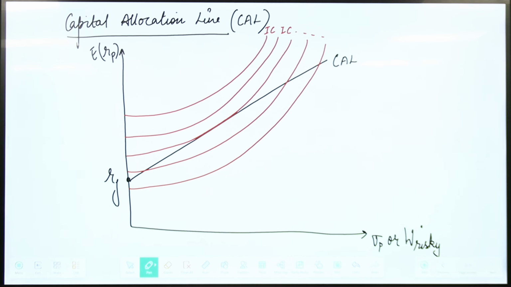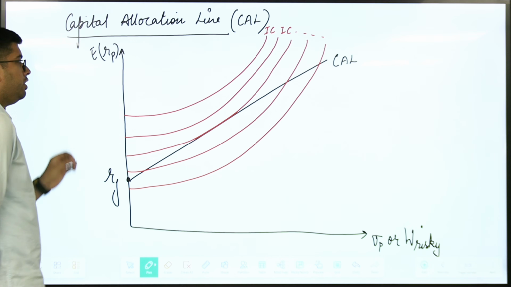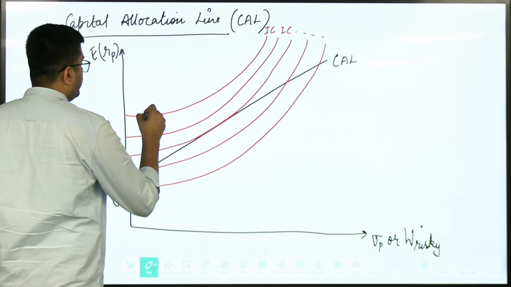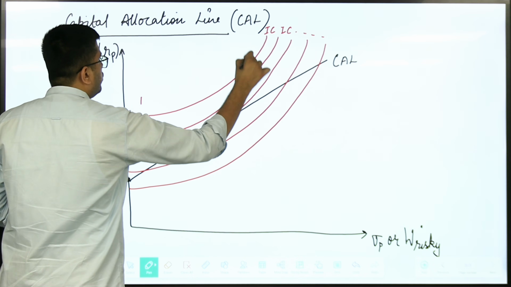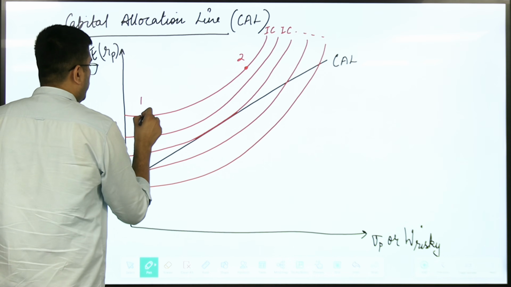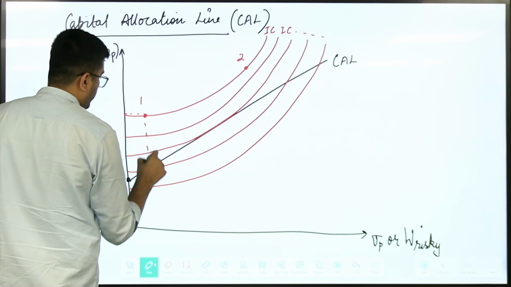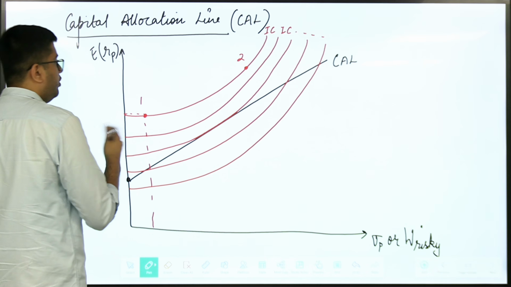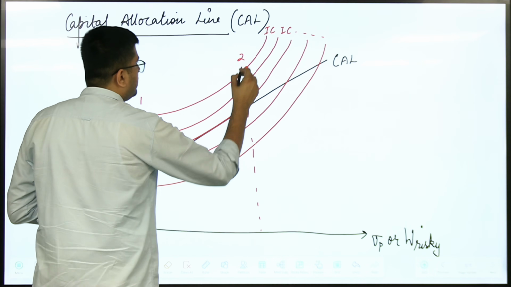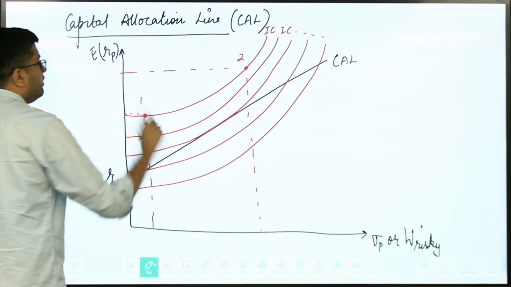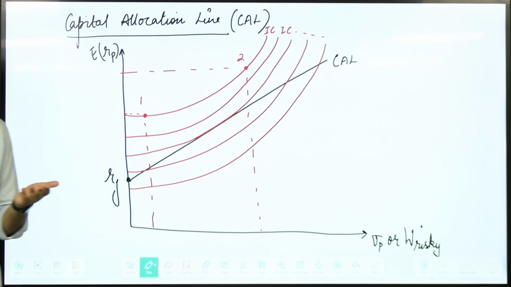The logic of indifference curves is that they represent all the portfolios towards which an investor is indifferent. So if I were to have portfolio 1 and let's say portfolio 2, 1 is giving low risk and low return. 2 is much more risky, but for that extra risk, it is also providing the investor with more returns.